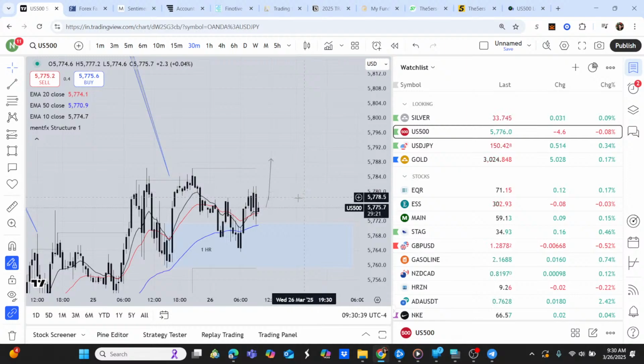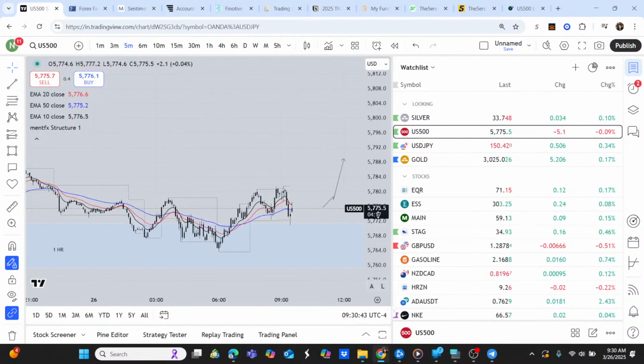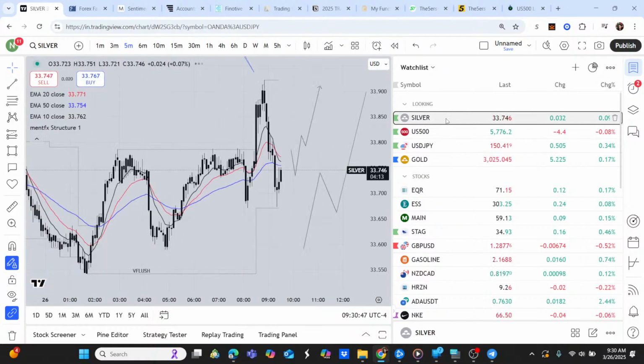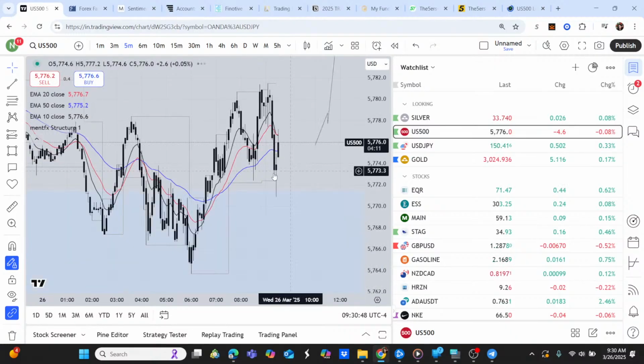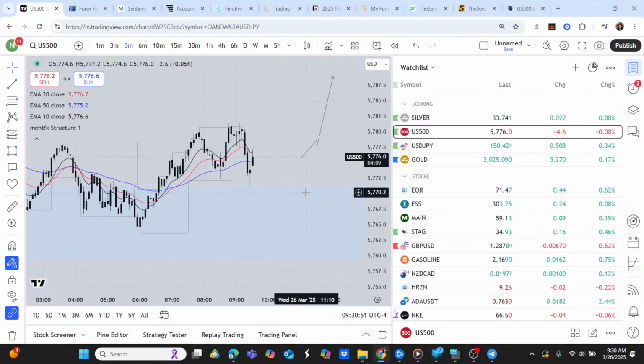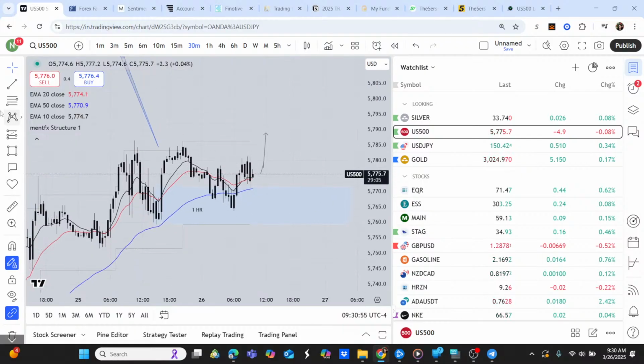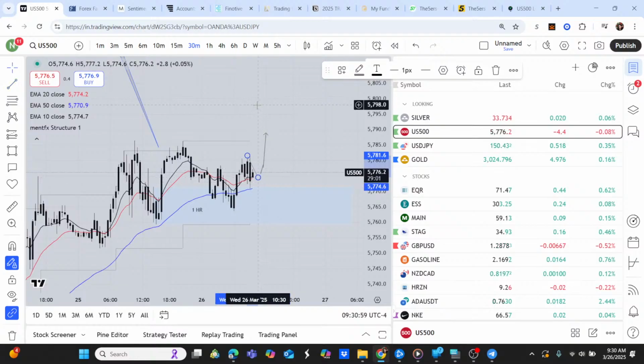Maybe we're too early. Huh. US 500, it doesn't look too bad. This area, still clear.